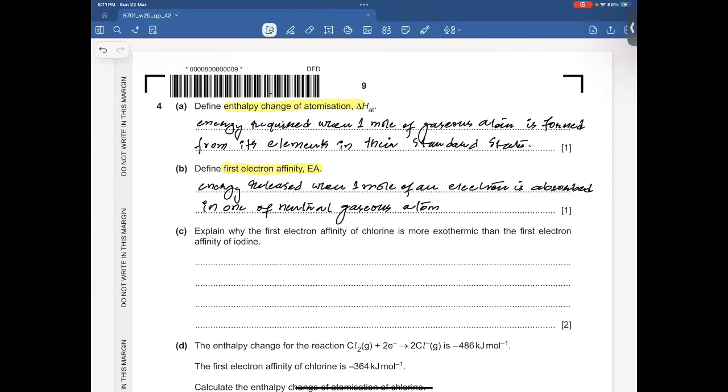Oh, I forgot to write mole. In 1 mole of neutral gaseous atoms. Okay.